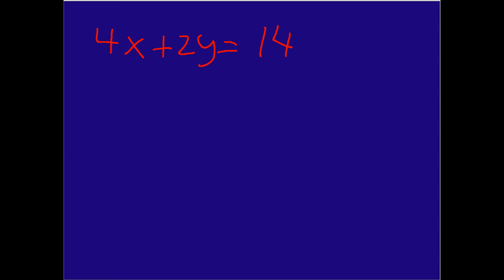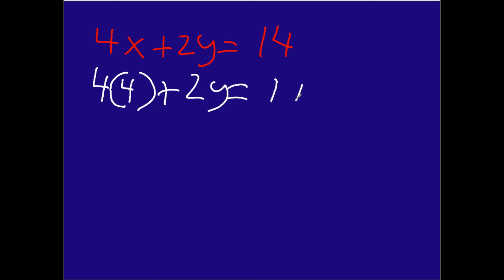Now we know what x is, 4. Let me change the color again for you. So we got 4 times 4 plus 2y equals 14.